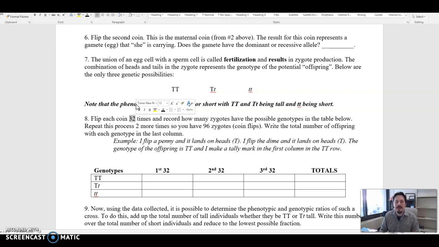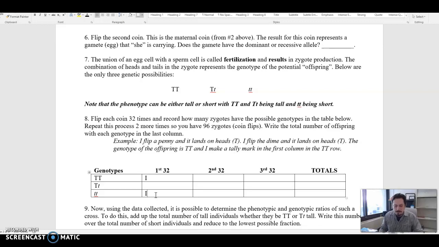Because they're both heads, that means that the offspring are going to be big T, and I'm going to make a little note here that the first time that I flipped was big T. So I'm going to do this again, and this time I got two tails. So I'm going to put a note here, small t, was the result of that.